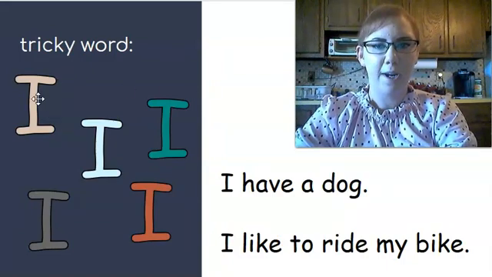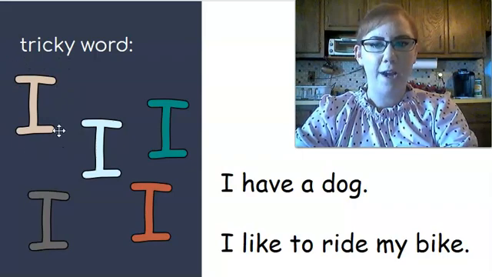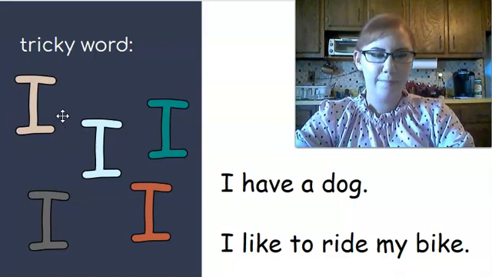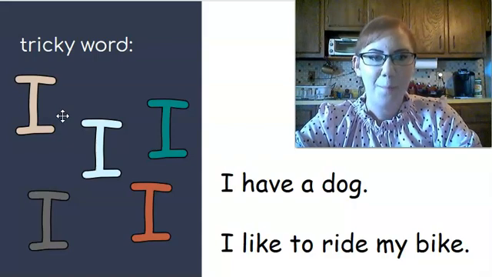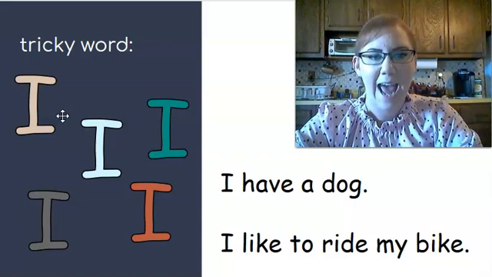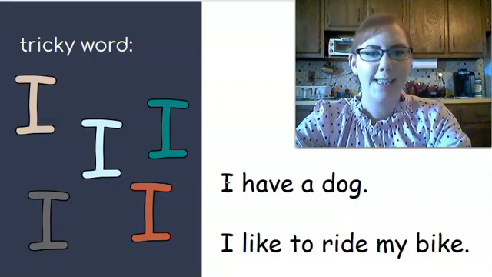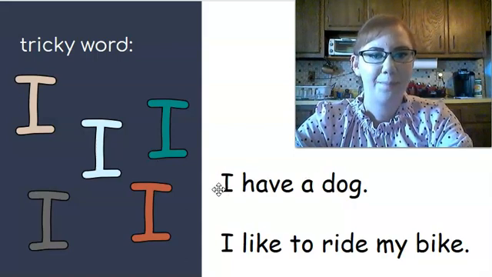Our next tricky word is this one right here. What do you think of when you see this letter? You might think, well, that says it. But we're going to pronounce it as I when we're thinking of it as a word. Just like in the sentence, I have a dog. Repeat after me.